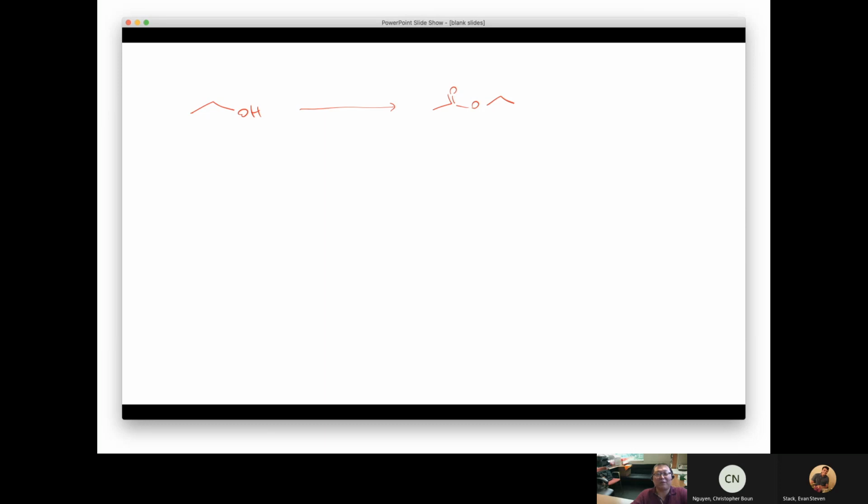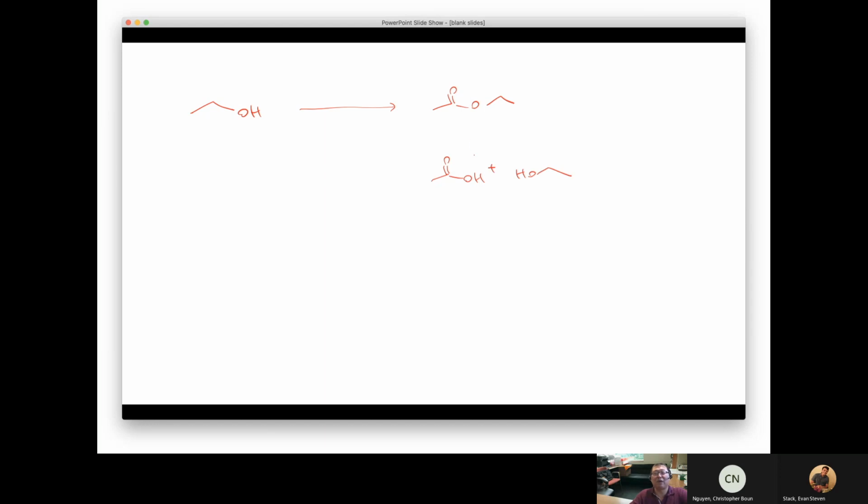This is the only source. Obviously, this is an ester. Sometimes you have to think backward. You may go forward, but you have to think about which parts you need. An ester can be formed from two different reagents. One, you need a carboxylic acid like this, and then you need an alcohol like this.